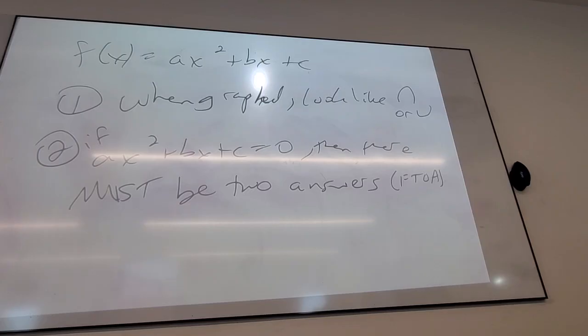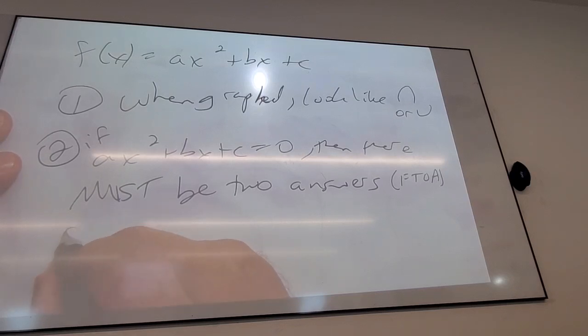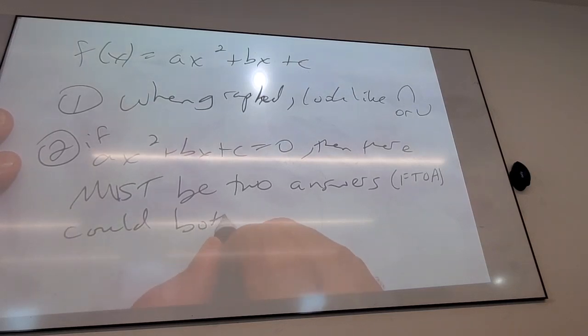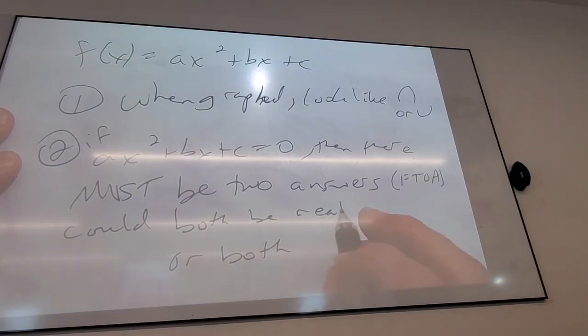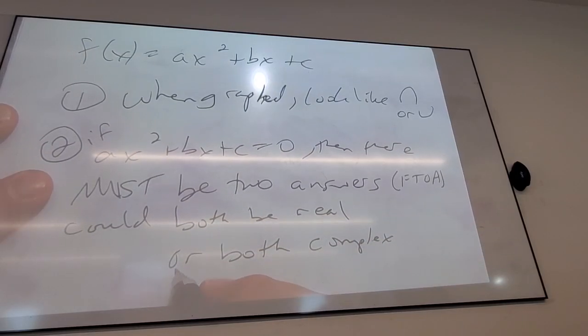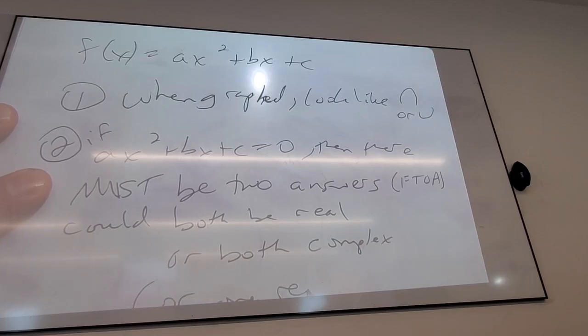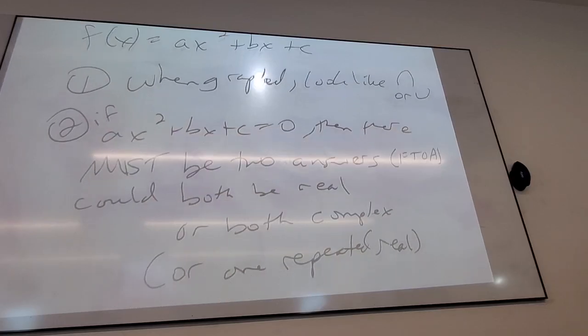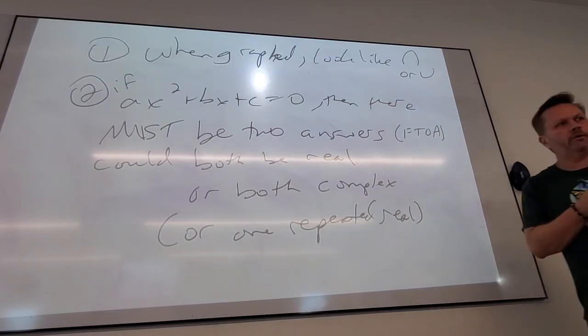Both answers could be real, or both complex. Or I could get one repeated real, but we consider that to be 2 answers. They just happen to be the same number.